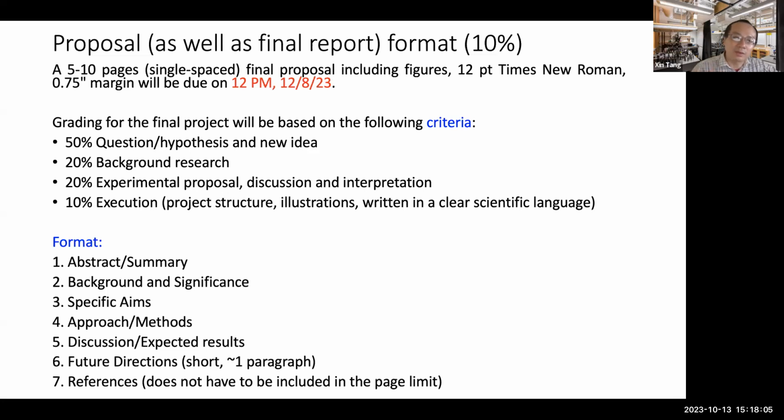In the third part, you also include your backup plan. If the experiment that you proposed turns out not to work, which always happens in the lab, then what's your backup plan? You can still choose another route to achieve the goal.